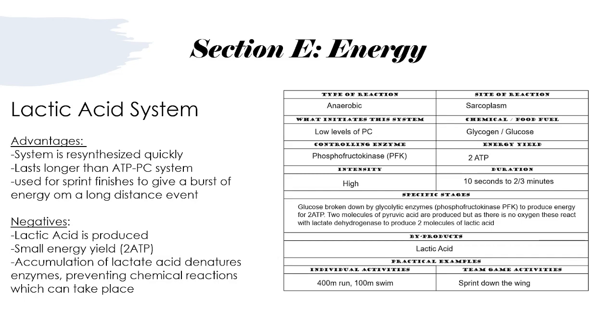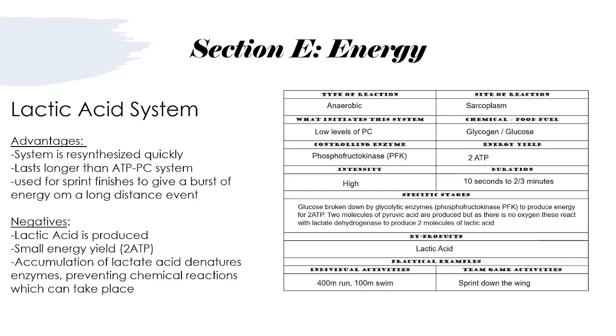So 2 molecules of pyruvic acid are produced, but there's no oxygen here to then react with the lactate dehydrogenase, which produces 2 molecules of lactic acid as a result. So lactic acid is produced because there's no oxygen.